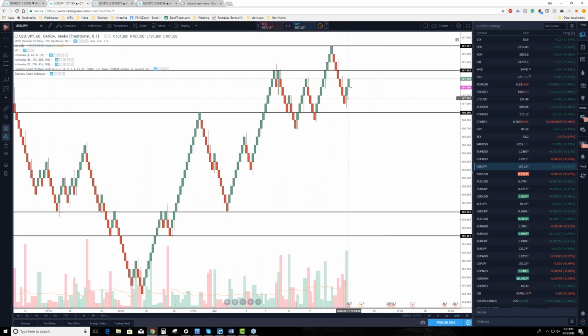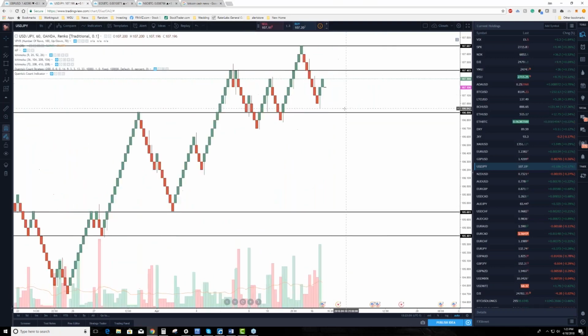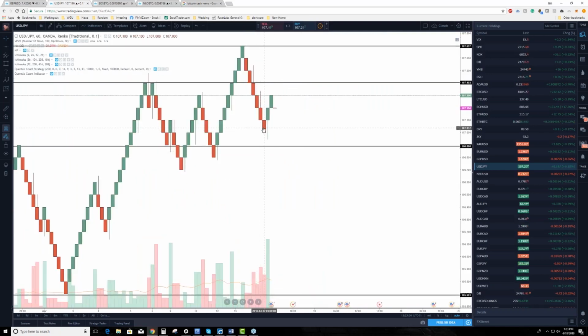Because if we look at the time here, so this Renko brick down here, if you look at the time below, 1 in the morning on the 17th, and then this Renko brick didn't form until 8 o'clock that night.